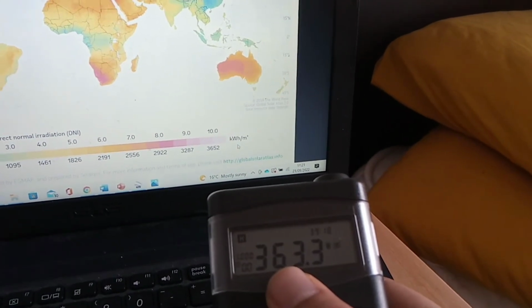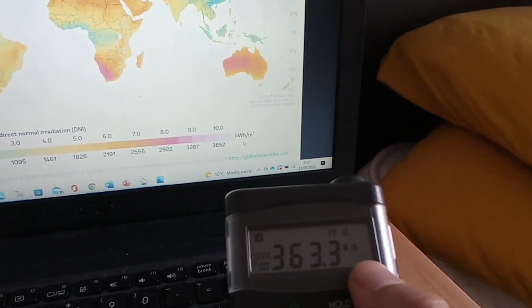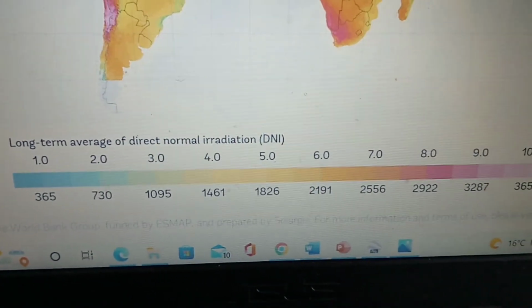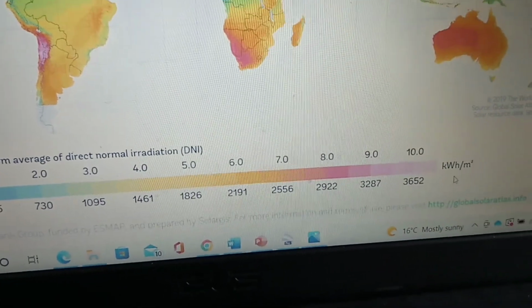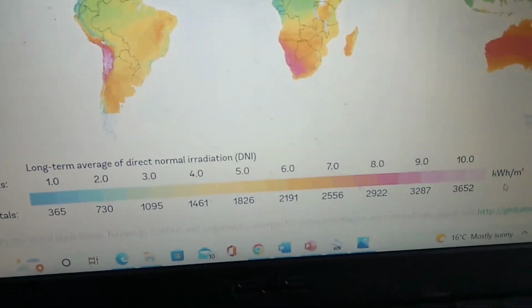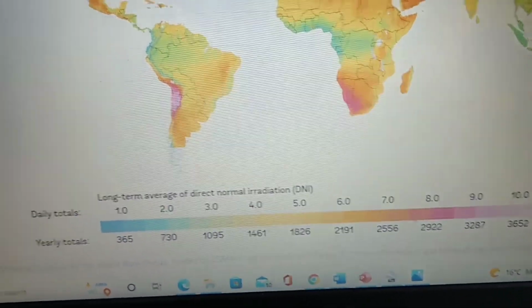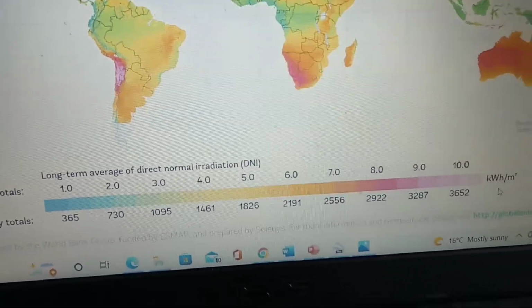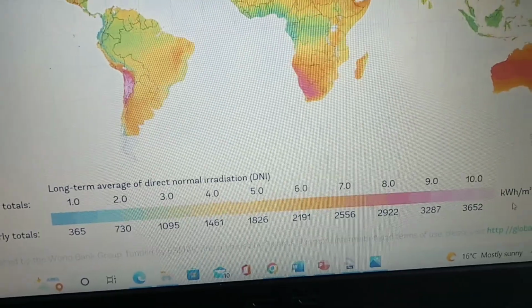Which would get the kilowatts reading. But then when you look at this chart, it's totally different again. So this is where I'm getting confused. That is all for now, guys. Thank you very much.